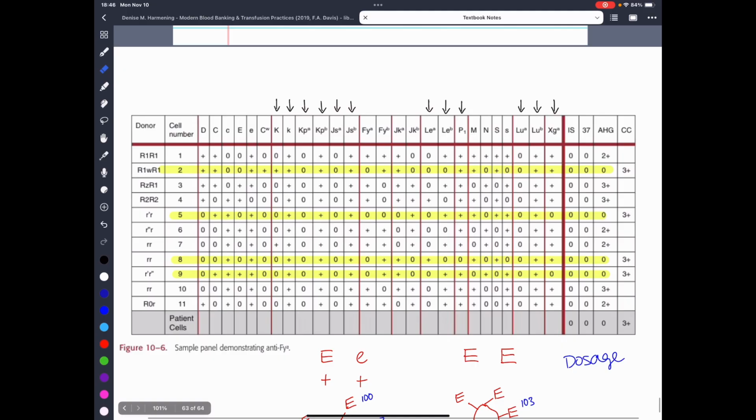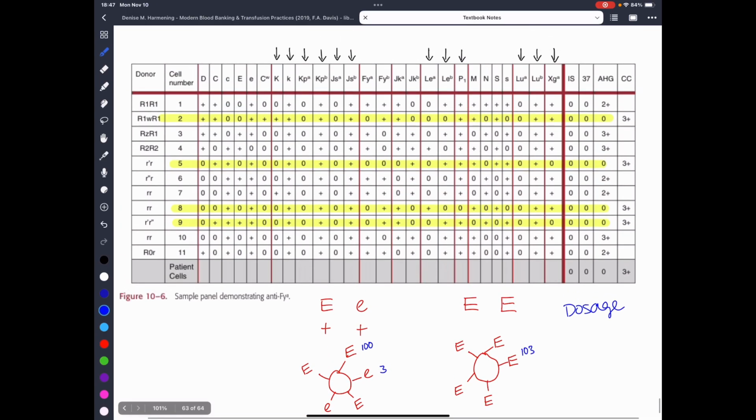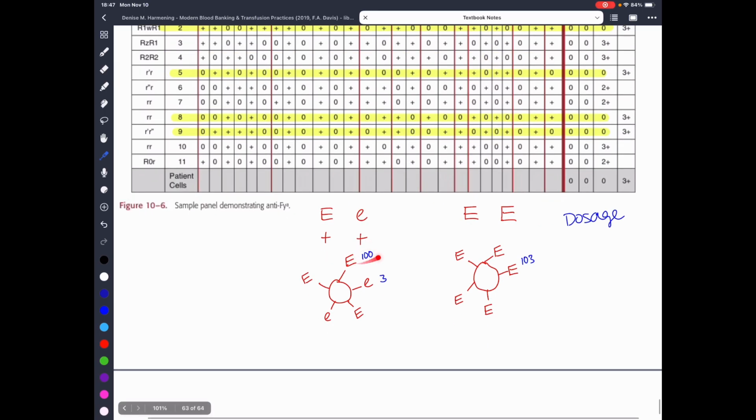And these are the ones without arrows. So what does this mean? This means when we have a negative reaction, when we have a heterozygous antigen in the reagent, we cannot rule it out, because maybe it's a situation like this, 103.